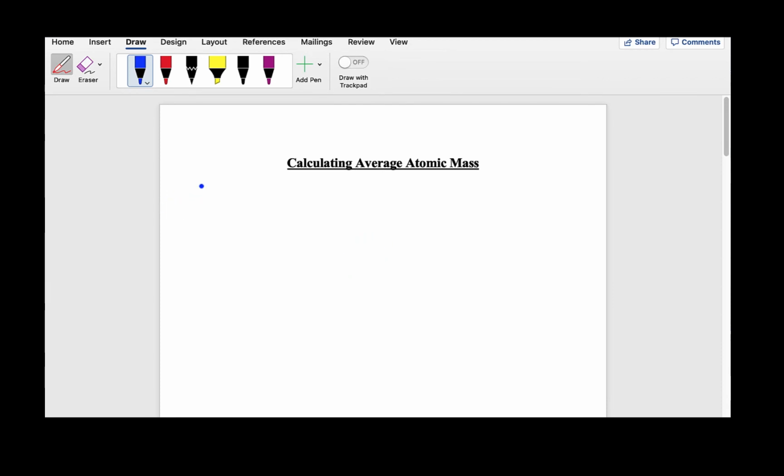So the periodic table said that for silver, the average mass was 107.87 atomic mass units. So let's go ahead and see if we can calculate that. So the stable isotopes were silver 107. And just as a reminder, this number right here is the mass number, which is the number of protons and neutrons.